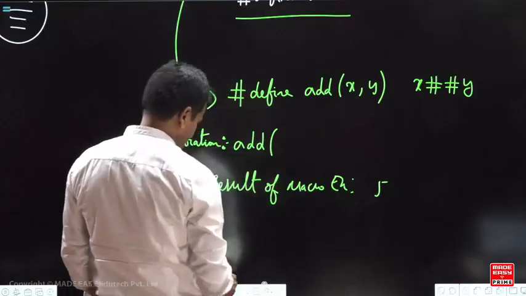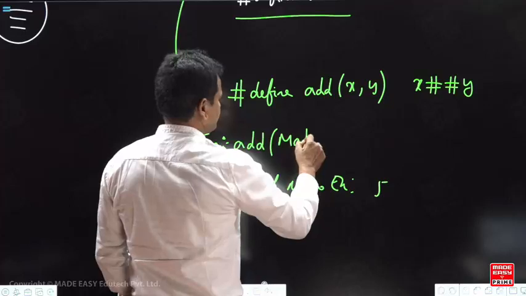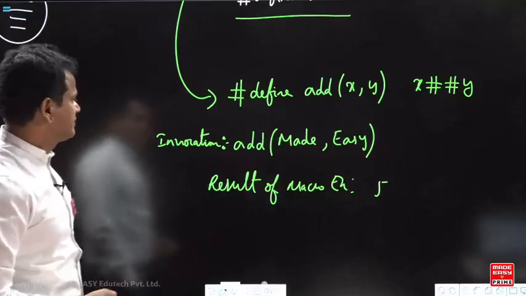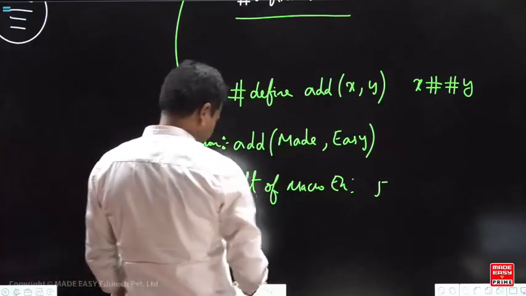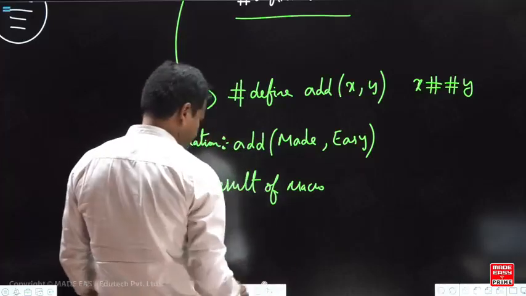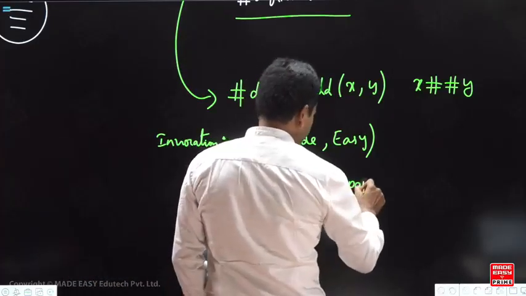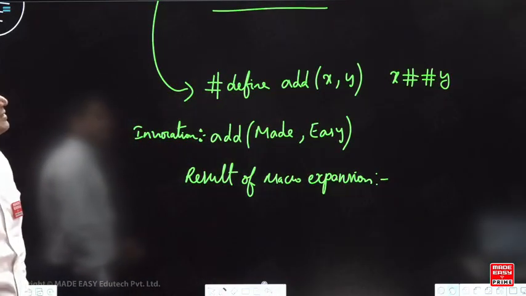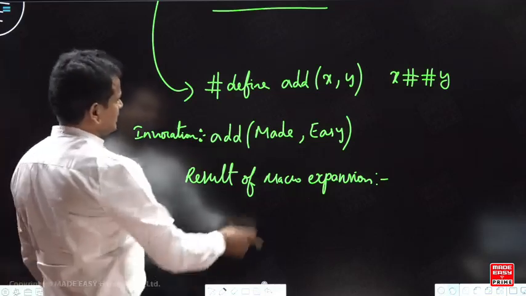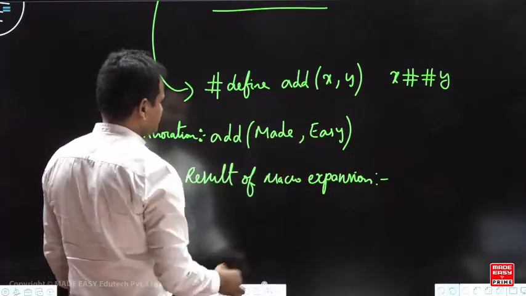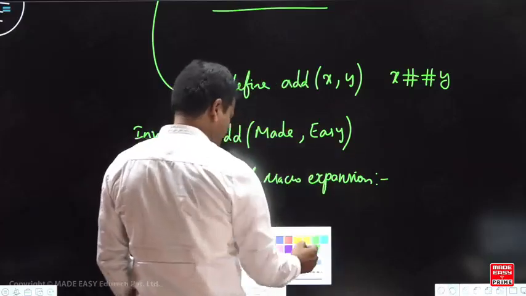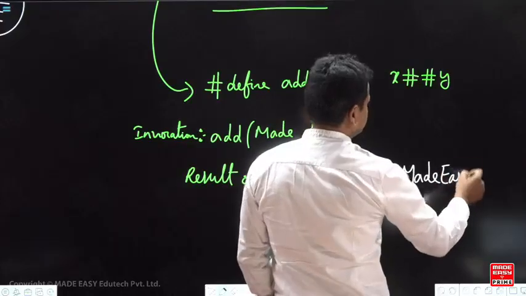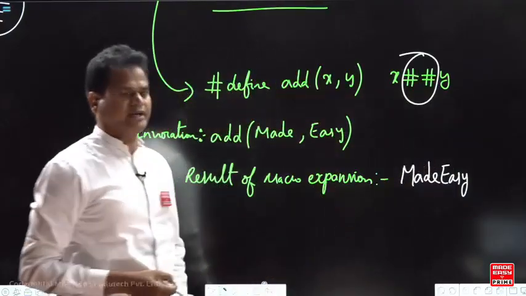I am calling this macro add(made, easy), so I am passing the tokens made, comma, easy, and the result of the macro expansion will be madeeasy. So ## is used to concatenate the tokens x and y.